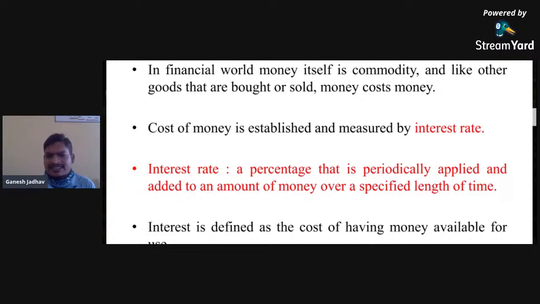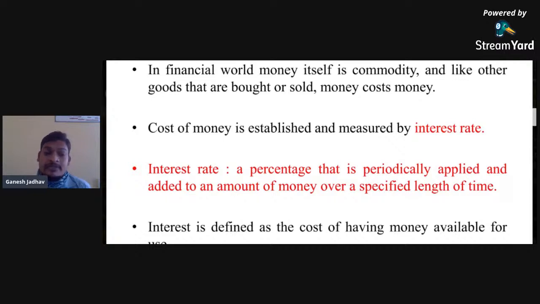The interest rate is in the form of a percentage that is periodically applied. So a percentage for 6 months, a percentage for 1 year, a percentage for 2 years. This is the percentage which is applied periodically to the particular money.